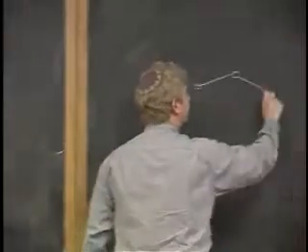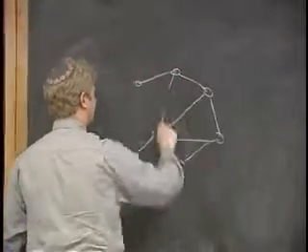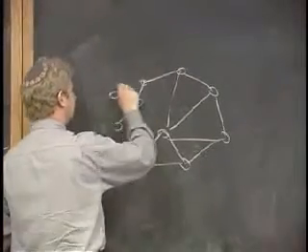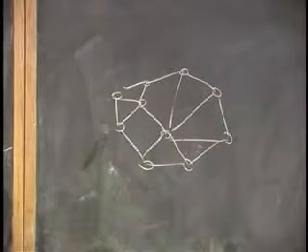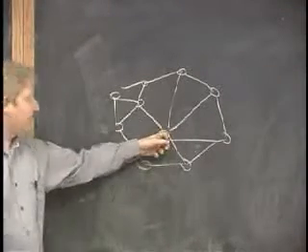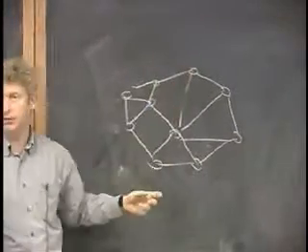Any others you can think of? Coloring the map. Oh, there's a good one. Okay, so this is a graph again, and it represents a map where this is a region of the map, and an edge represents that there's a border between this region and this region.